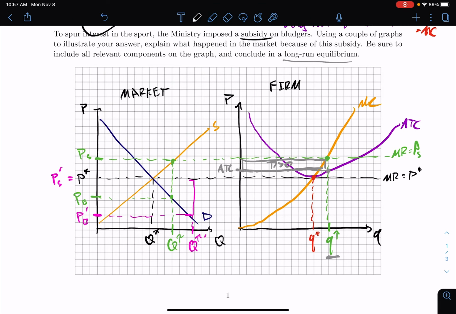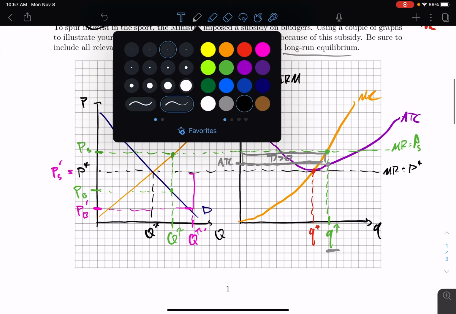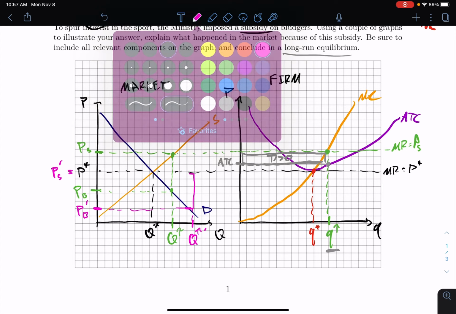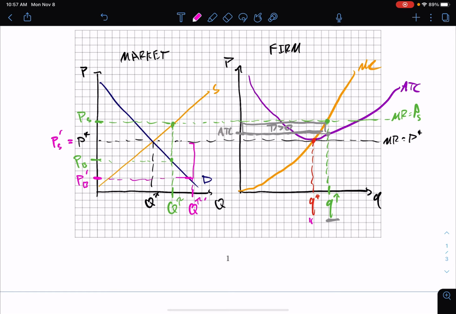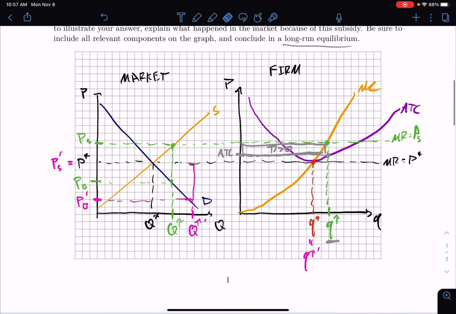Okay. So this is our long-run equilibrium for the market, and we need to label this: when the price goes back to P prime, we're going to shift back in until we get Q tau prime at this quantity.